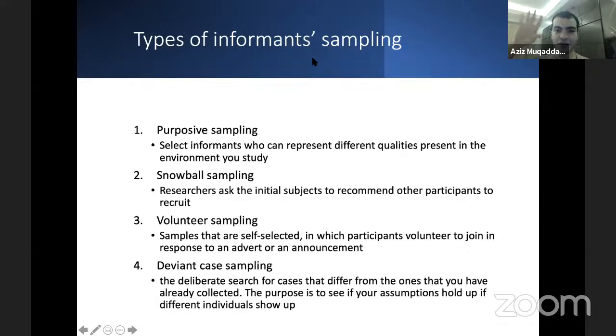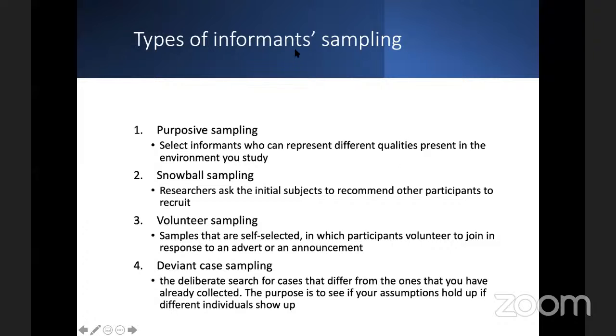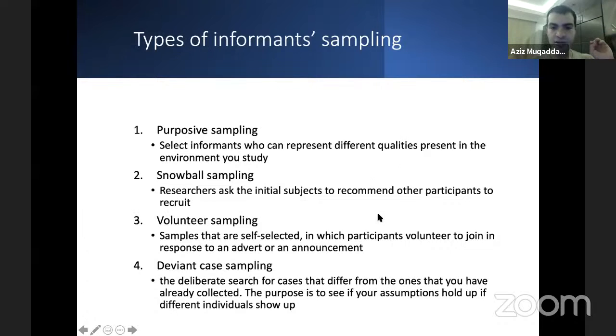It's either one of two major things: either you pick, or people volunteer. So purposive sampling, to start with the first type, is where you select informants whom you think have the qualities to gather good information for you, right?